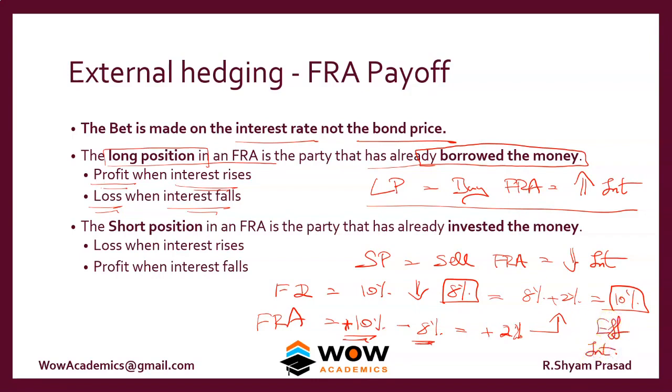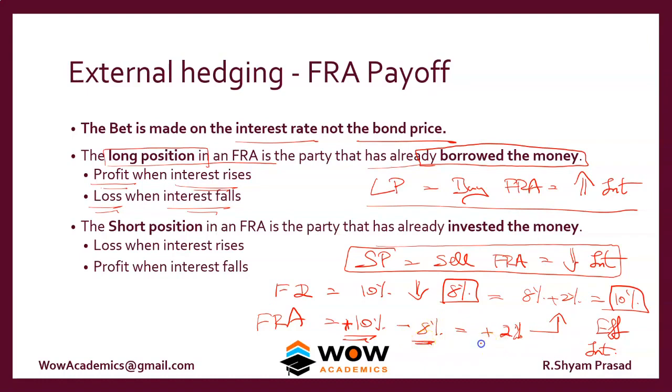Okay, so we'll repeat it again. The short position is used by the investor. The investor feels the interest rate is going to go down. So what he does is he sells an FRA at a higher interest rate, that is 10%, and he feels the interest rate will go down. So he buys at a lower interest rate.